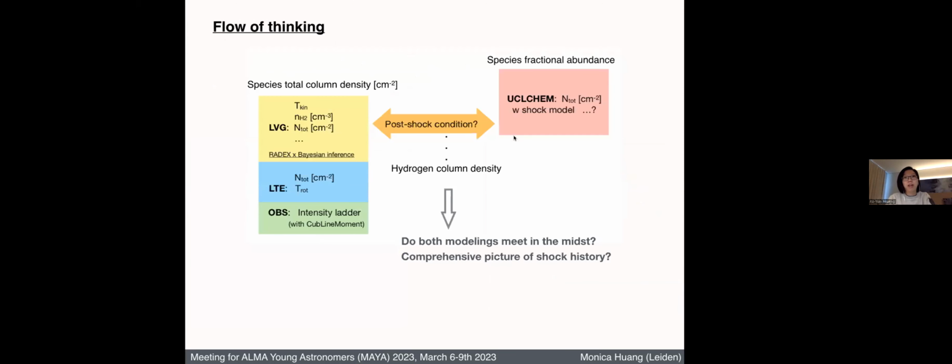Here is the flow of thinking in our analysis. We started with the observations, the green block. We are building up our blocks here.